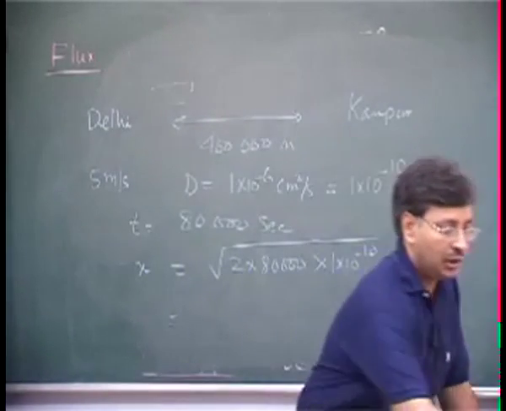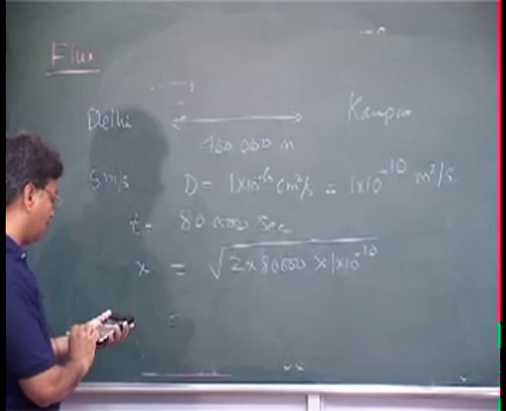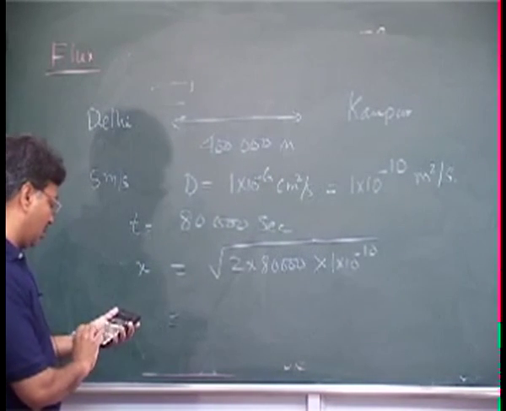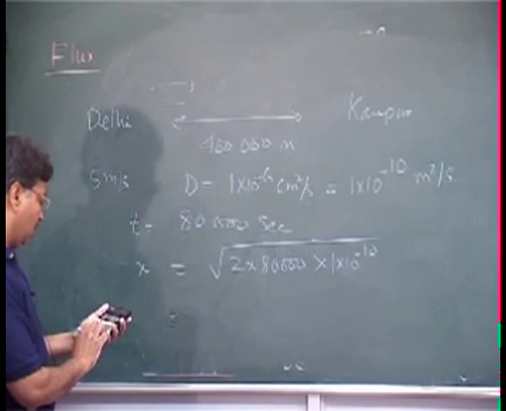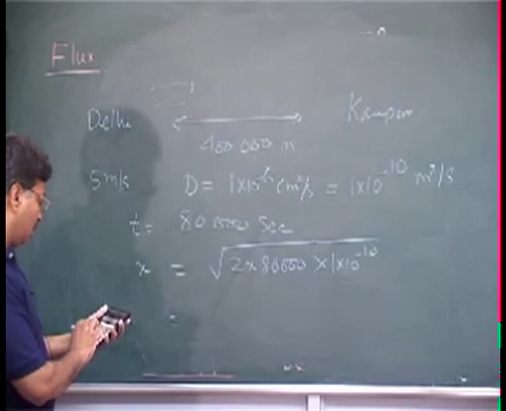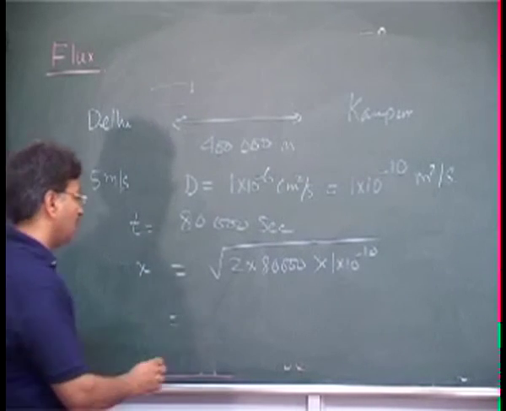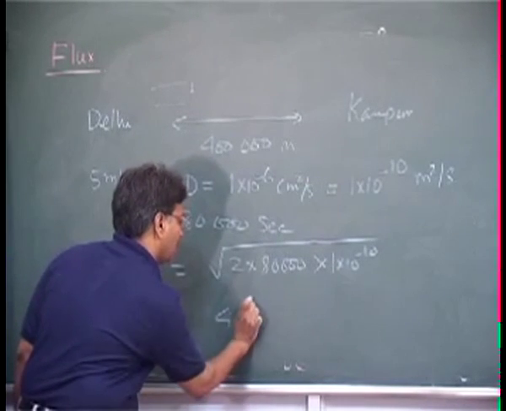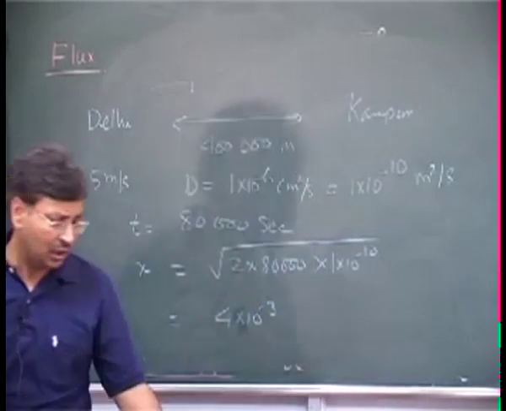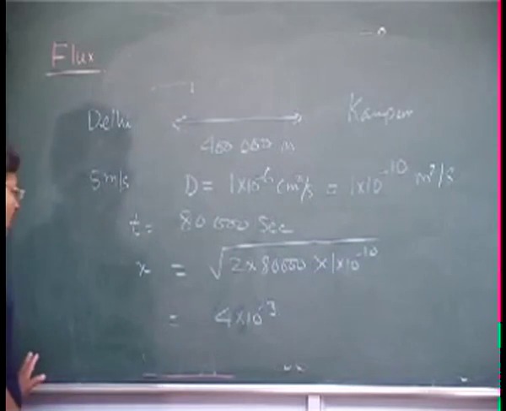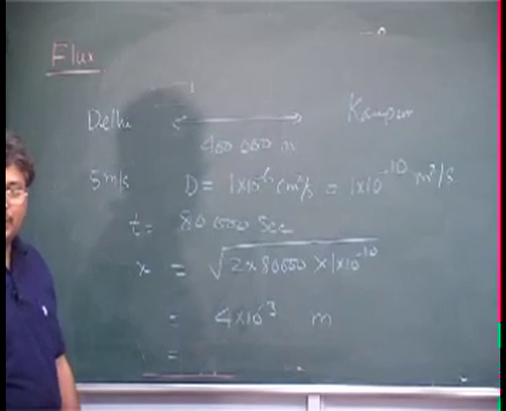Since I brought the calculator, I might as well do it. How much? Somebody said 4 into 10 to the minus 3. Well, we are assuming that to be correct, but you can correct it even if it is wrong, it doesn't matter. So that is in meters, which equals 4 millimeters, right.